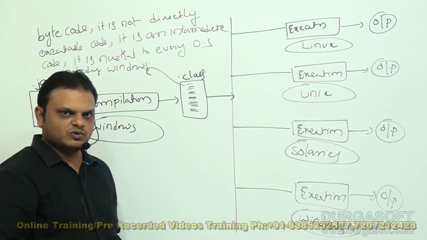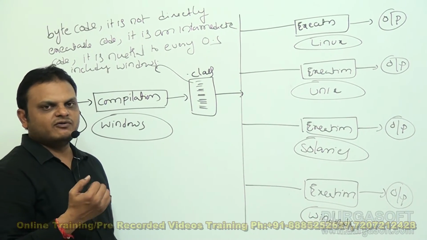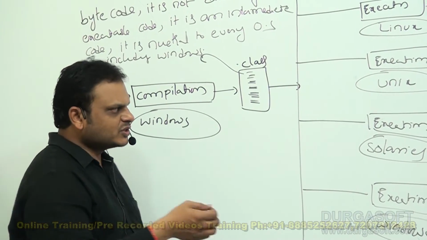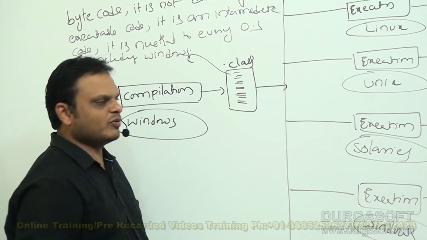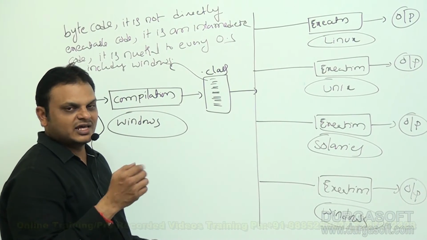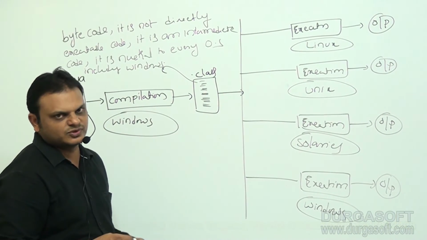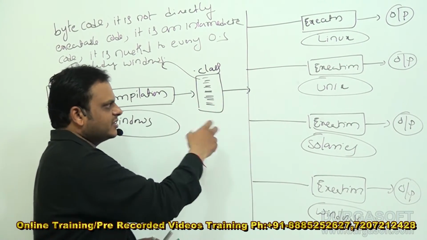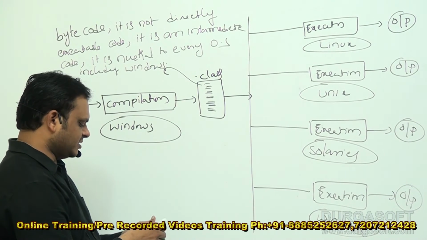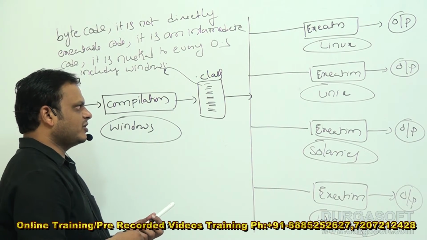Exactly in this particular context, to make Java a platform independent programming language and to execute Java programs in different operating systems, Sun Microsystems has provided a translator, a separate translator.